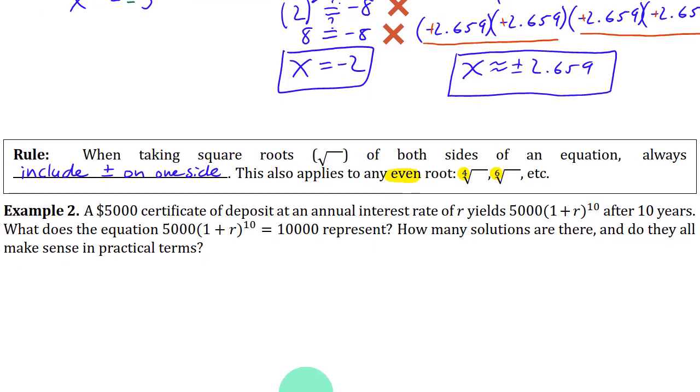So let's see. What we're saying here is this is how much is yielded, like how much the balance in this certificate of deposit account is, how much money there is in the account at an interest rate of R. And if we're saying that is equal to 10,000, we're saying there's $10,000 in the account after 10 years.